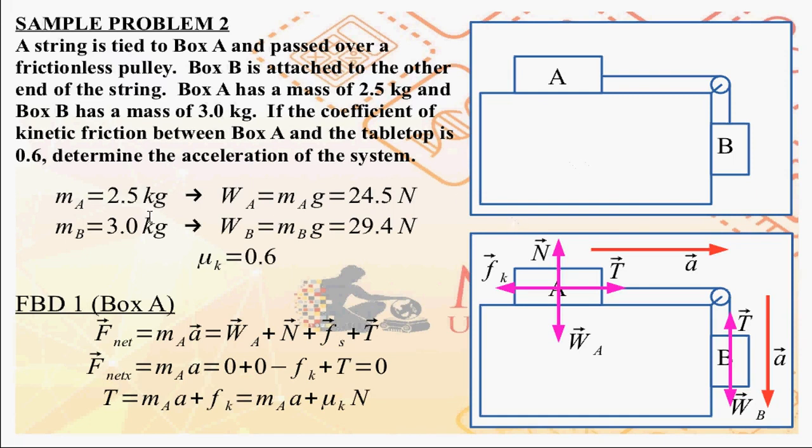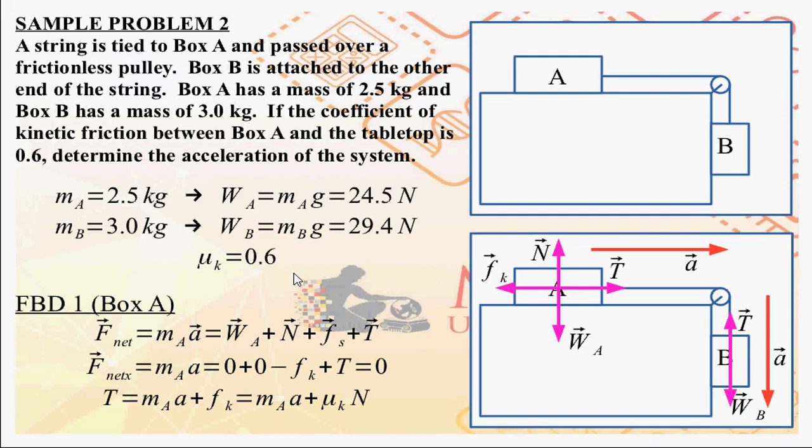So we know mass A, 2.5 kilograms. Knowing mass A, we are able to get the magnitude of weight A. We know mass B, the mass of box B, 3 kilograms. Knowing mass B, we are able to calculate the weight magnitude of box B. Coefficient of kinetic friction between box A and the tabletop, so mu K is equal to 0.6.